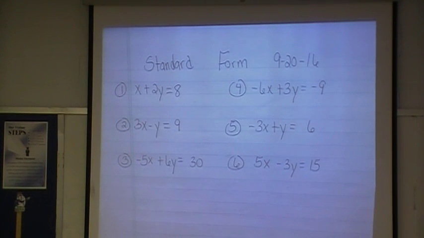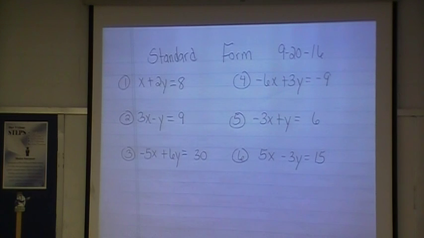So here are your 6 equations, standard form. I want you to tell me the x-intercept, the y-intercept, and the slope.